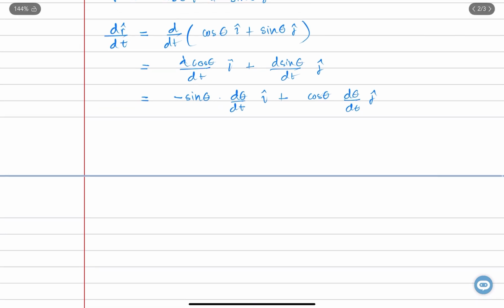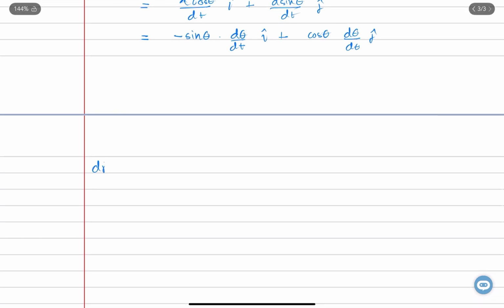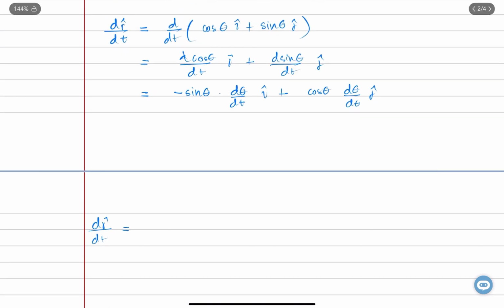And once we have this, we can notice that we can factor out d theta dt. And from now on, whenever we are taking time derivative, we'll denote it with a dot on top. It's a shorthand way so that we don't have to write all d theta dt all the time. And theta dot will always represent d theta dt, and for that matter, not just theta dot but x dot or y dot will also represent that.